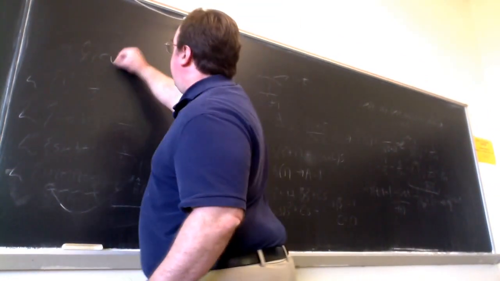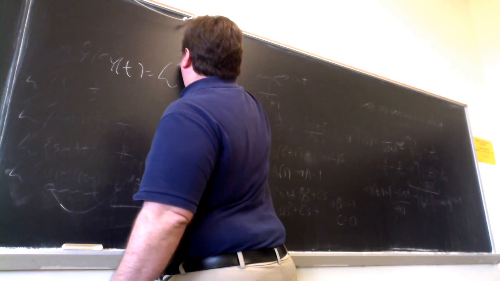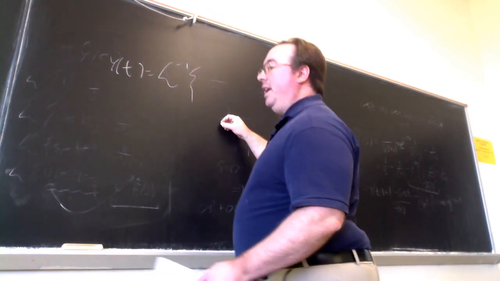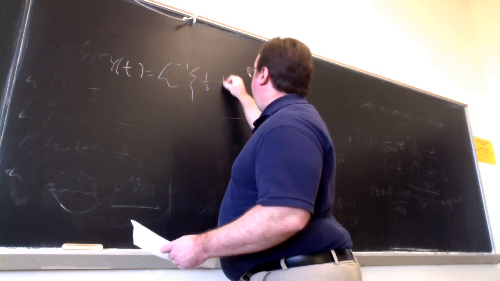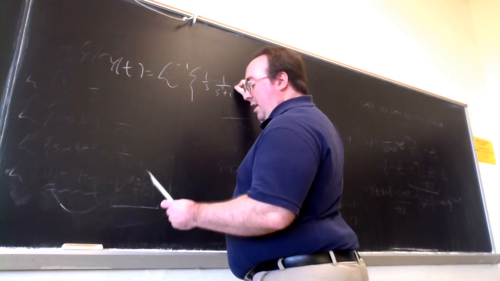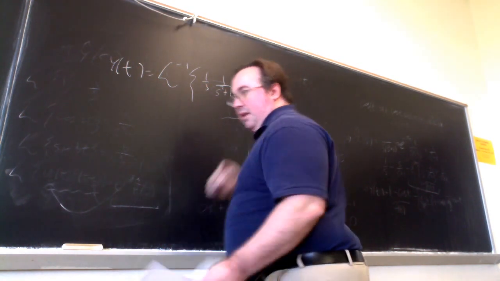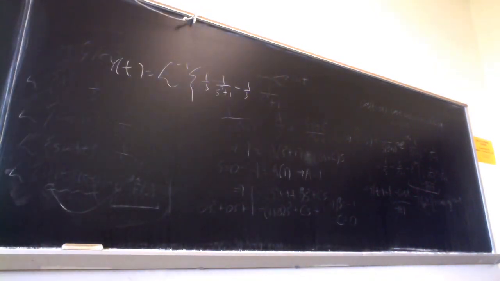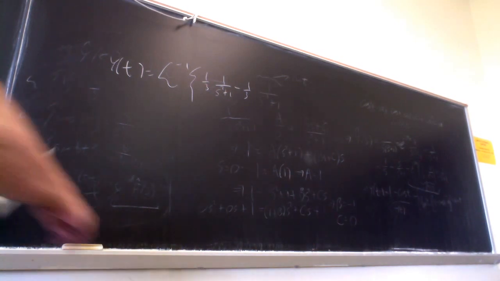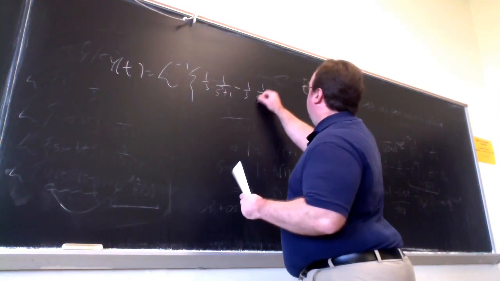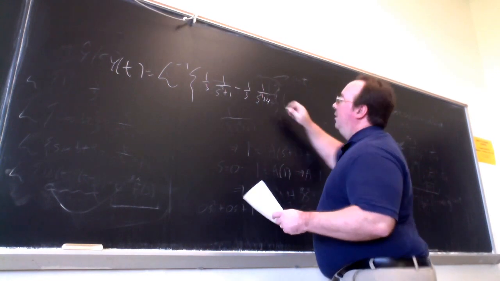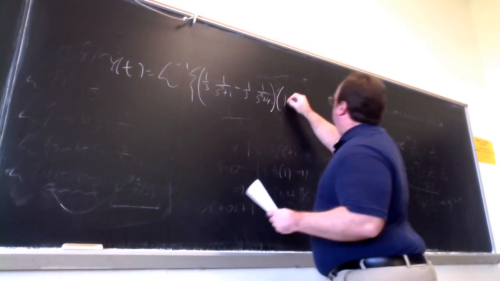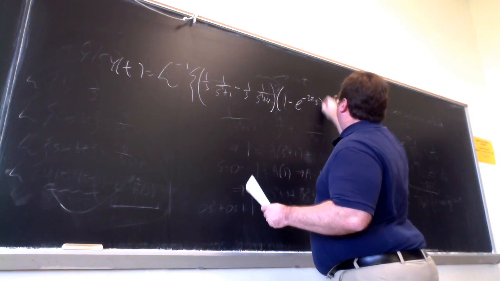So y of t is now going to be the inverse transform of all of that mess with the constants filled in. So we have 1/3, 1 over s squared plus 1, minus 1/3, 1 over s squared plus 4, times 1 minus e to the minus 2 pi s.